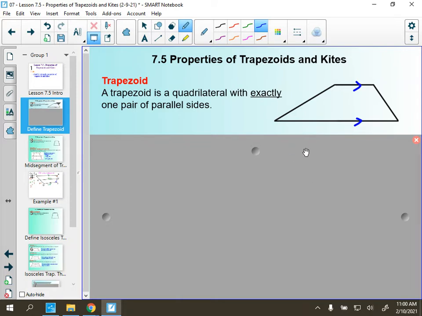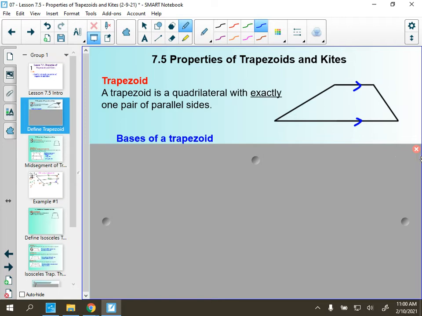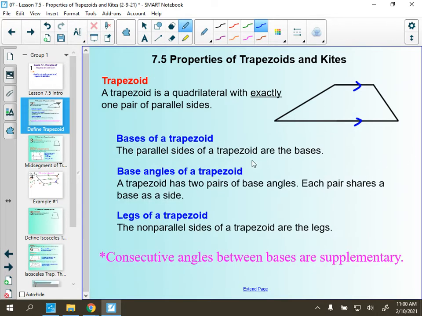A little bit of vocab that goes with it, so parts of a trapezoid. If you wanted to set your notes up in class, we drew arrows to each part, and we can do a little bit of that here in these notes as well. If we're talking about the bases, we're talking about the parallel sides. So there's two bases here. I don't want to go crazy with my arrows, it's going to get a little cluttered, but those would be your bases. The parallel sides we call the bases of a trapezoid.